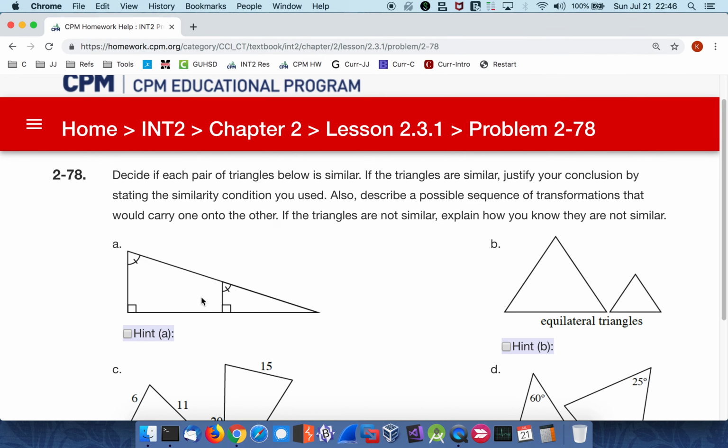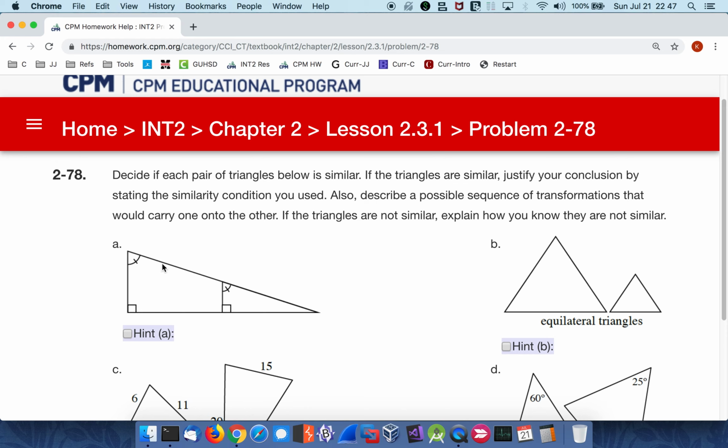Okay. So first problem. Whatever this angle is, it's congruent with that angle. This is 90 degrees and that's 90 degrees. So the only other angle is this one. And since it's shared by both of these two triangles, we know that all three angles of each triangle are congruent.